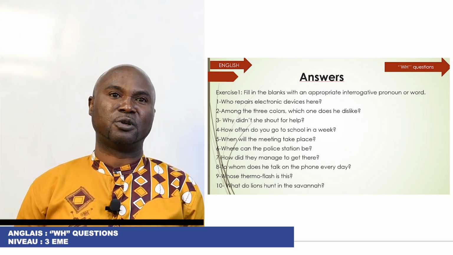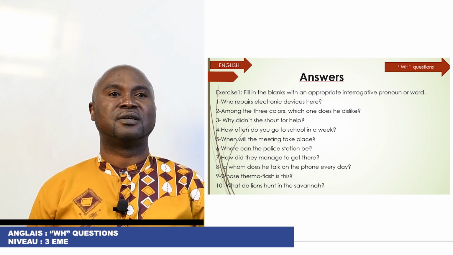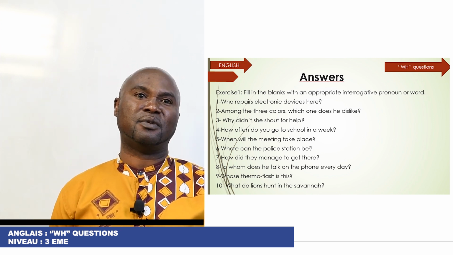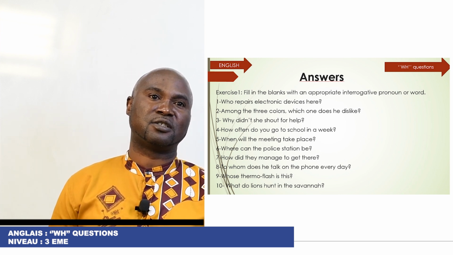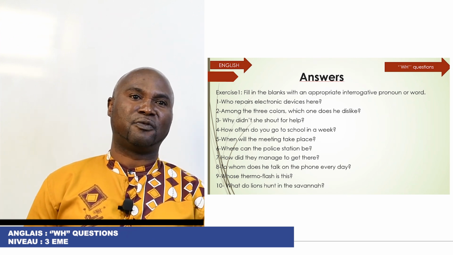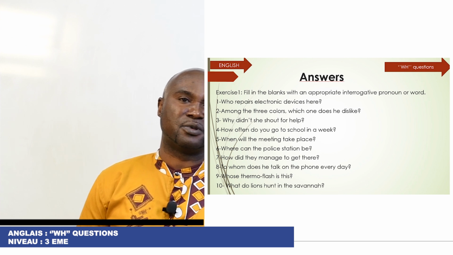Do you go to school in a week? 5. Will the meeting take place? 6. Can the police station be? 7. Did they manage to get there? 8. Does he talk on the telephone every day? 9. Thermoflash is this. 10. The lions aren't in the savannah.